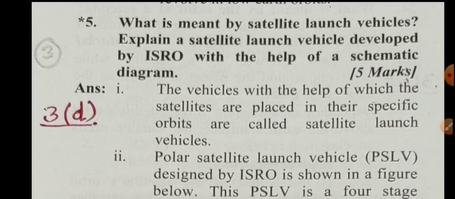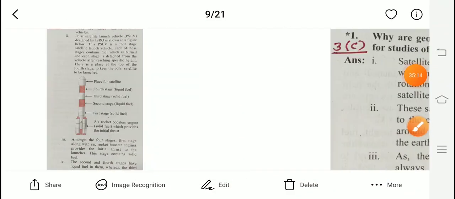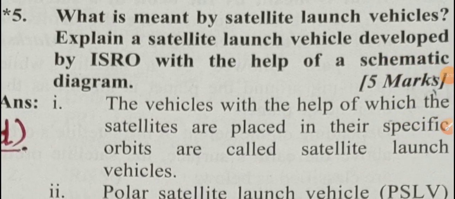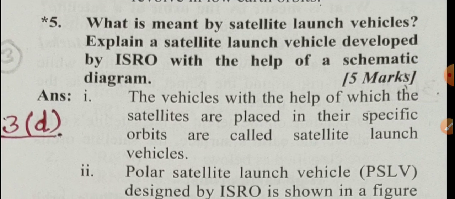Next. Now the next question is given here, D option. What is meant by satellite launch vehicles? Explain a satellite launch vehicle developed by ISRO with the help of a schematic diagram.